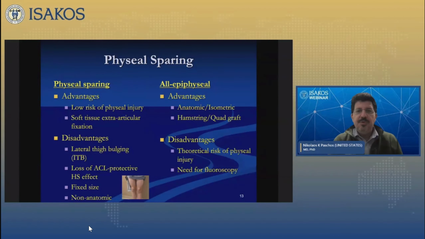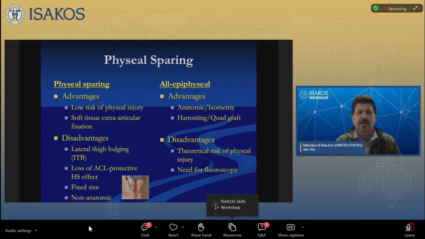The advantages for the 2 techniques, if you want to compare them, is that probably the physeal sparing has lower risk, regardless if you use the IT band or the hamstring, of physeal injury. And it's a soft tissue, extra-articular fixation, so it has a little bit more forgiving characteristics if you make it too tight.